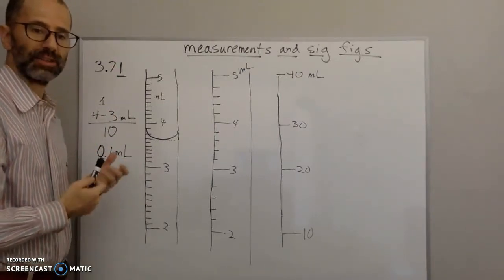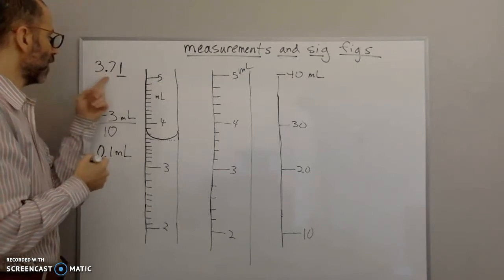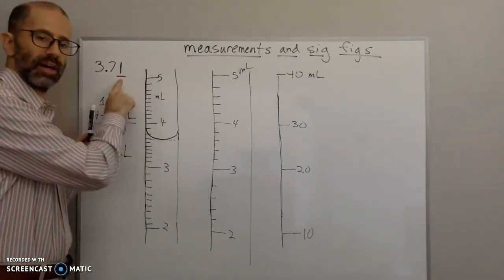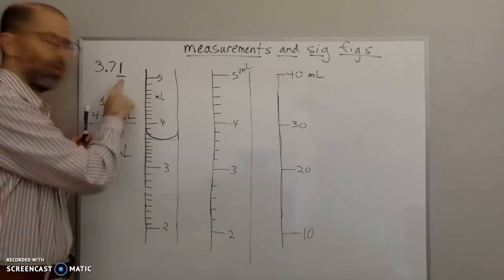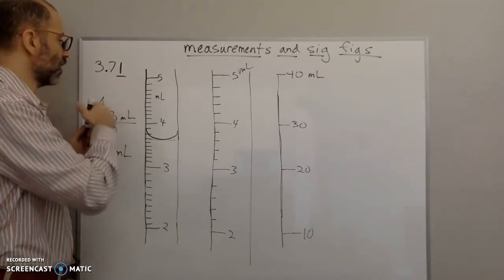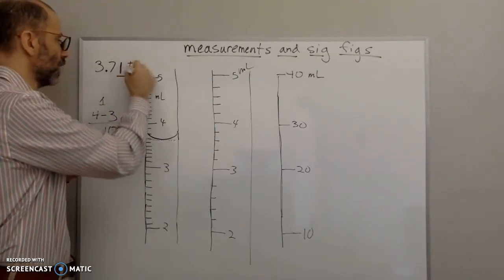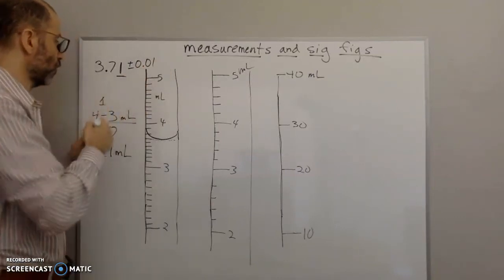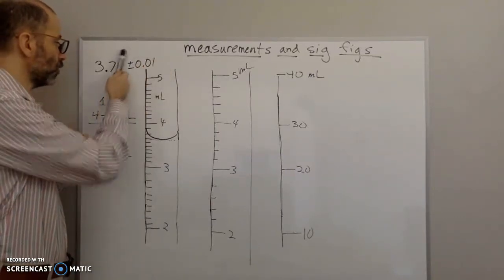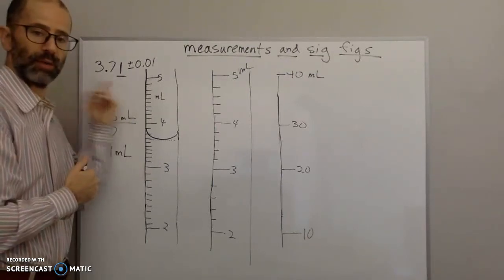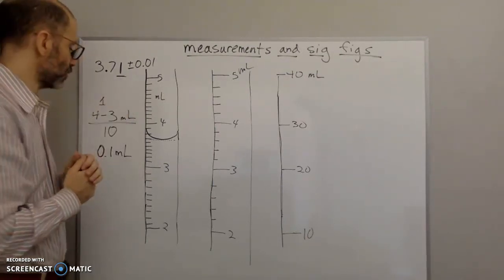So that tells me when I report this, the uncertainty is going to be plus or minus 1 in the place of that digit. Since this is the hundredths place, it would be plus or minus 0.01. So you could go up 1, you can go down 1. That's what that means, and that's what I would report for my measure.